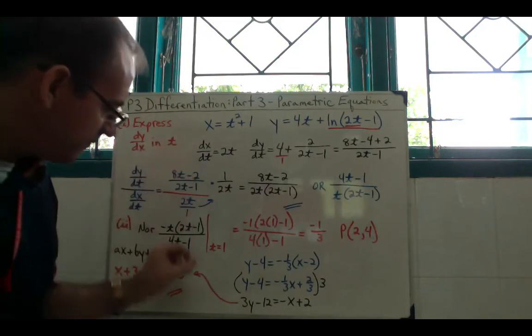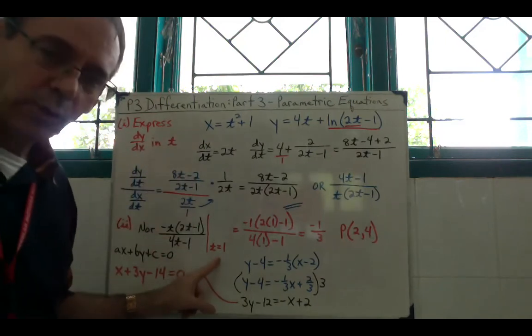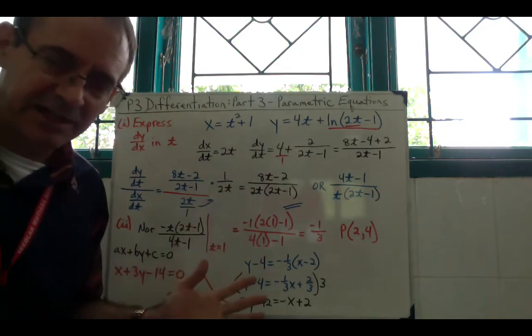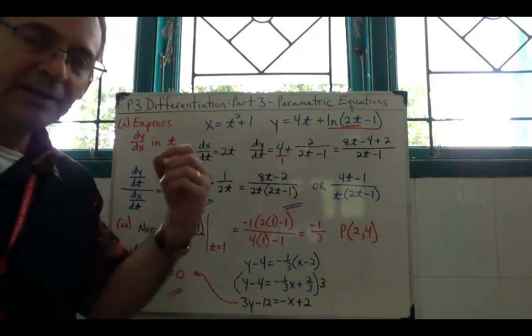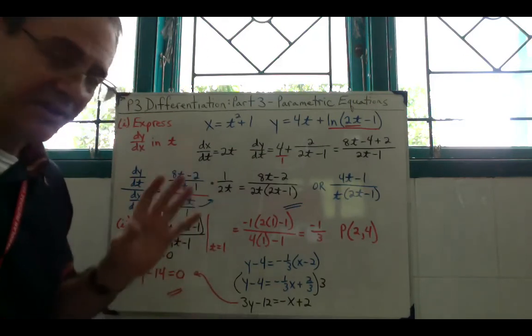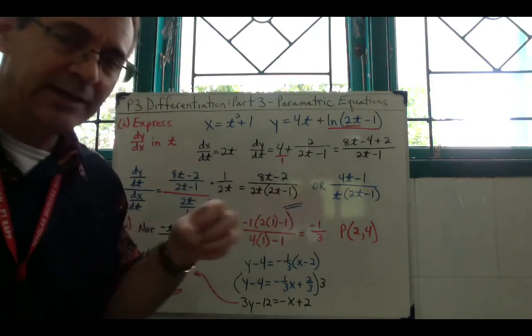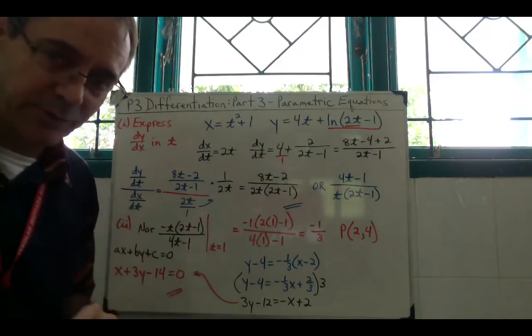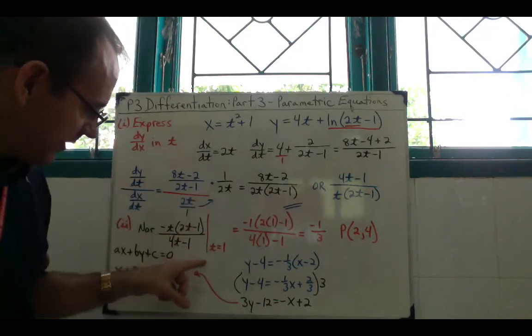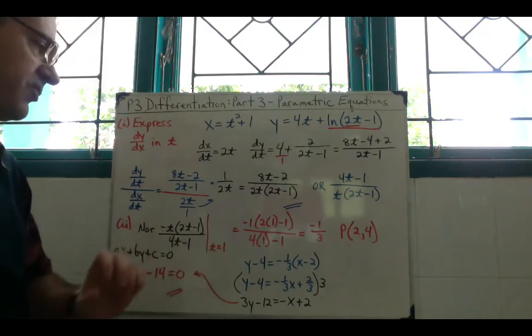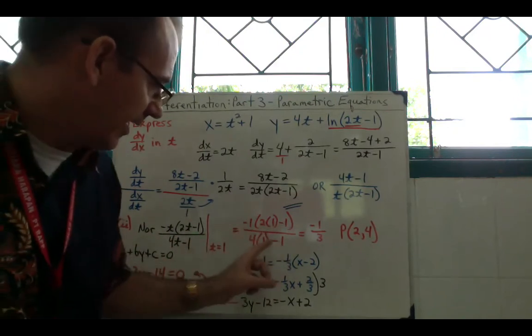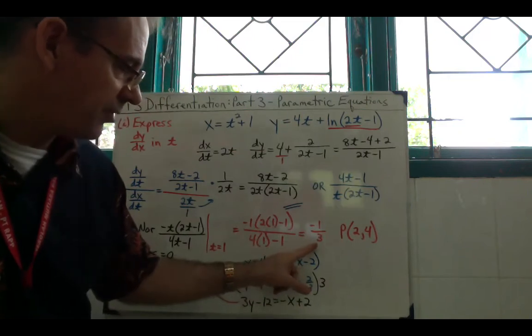And we want to evaluate this at where t equals 1, whether t stands for time or whatever, it doesn't really matter. Evaluate it at t equals 1. It doesn't say the slope equals 1. It says at t equals 1. So we plug 1 into the slope formula and we work it out and we end up with negative 1/3.